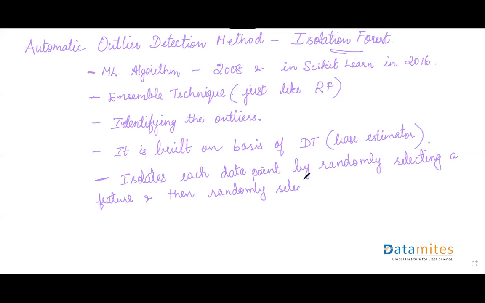I'll explain with an example, then you will understand. This split value will be selected randomly between the maximum and the minimum value of the selected feature.